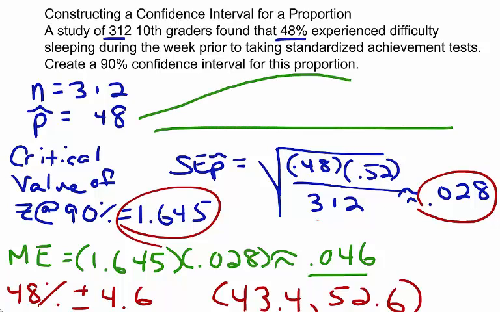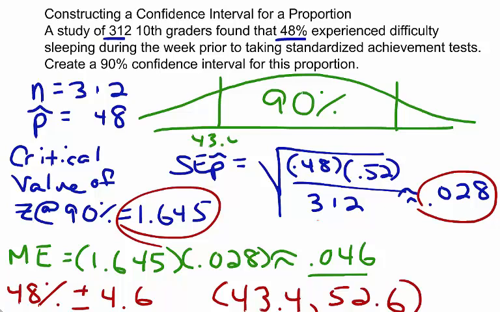So if we look at this within the context of a normal model, here's our 90% confidence interval. We have our lower bound of 43.4 and our upper bound of 52.6. P hat is 0.48, and that's found at the center of our model.